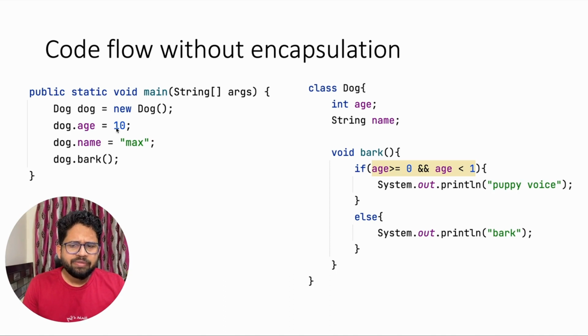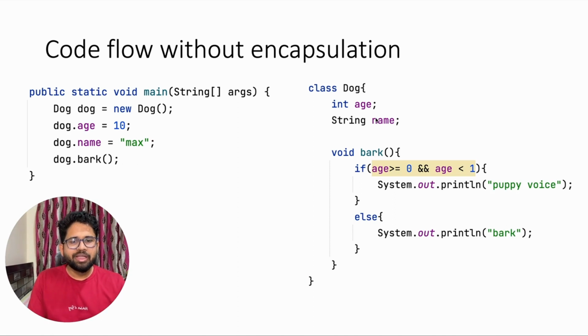Now imagine if the value is -1, what will be the output of the code? The output will be bark, because the age was less than 1, so it did not qualify the first condition and it printed the second. Now this person, developer 1 or someone, would get insane.